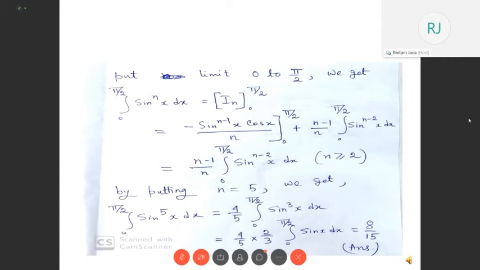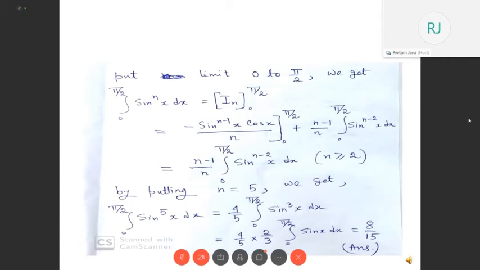That is, if you put n equals to 3 here, you will get 2 by 3 into 0 to pi by 2 sine x dx. And you know 0 to pi by 2 sine x dx, this value is equal to 1. So your answer is 8 by 15 for n equals to 5.